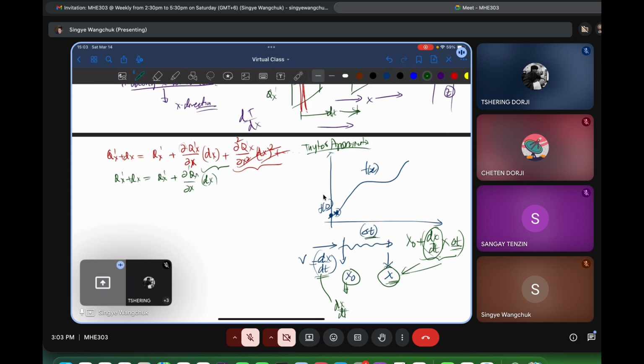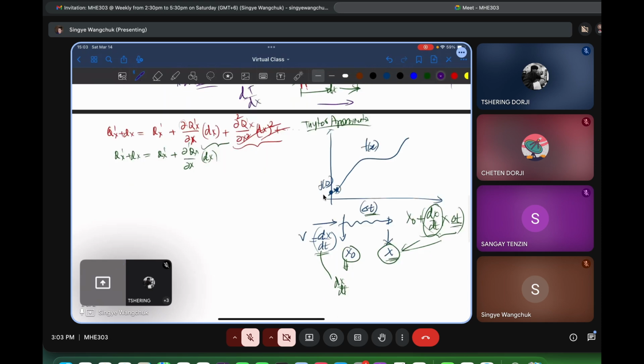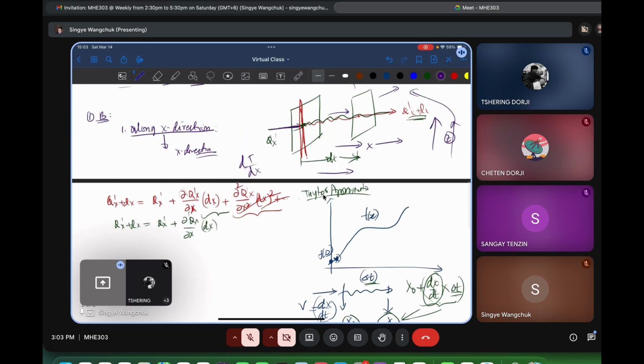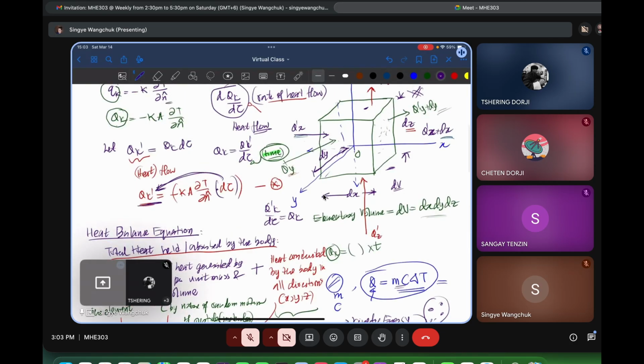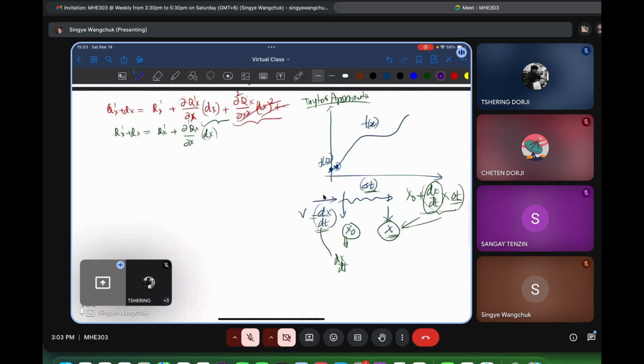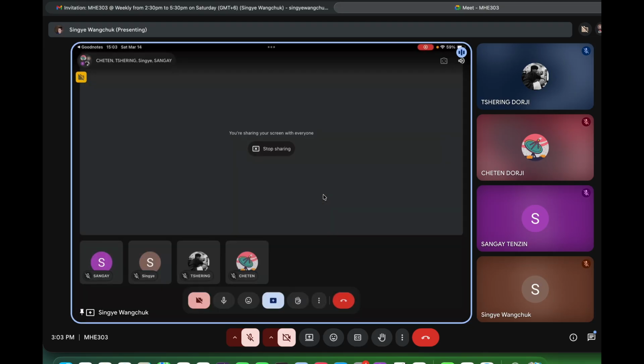Okay. So from here what you are trying to say is that you are trying to calculate the rate, which is the total heat that is going out of the body. You know that the incoming heat in this x direction is qx, whereas the outgoing heat is qx plus dx. So you will find the difference, which is the total heat.